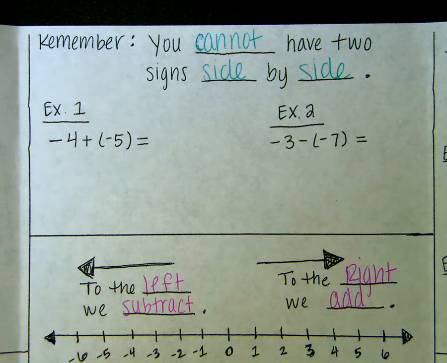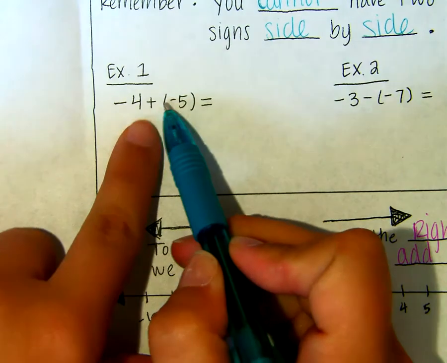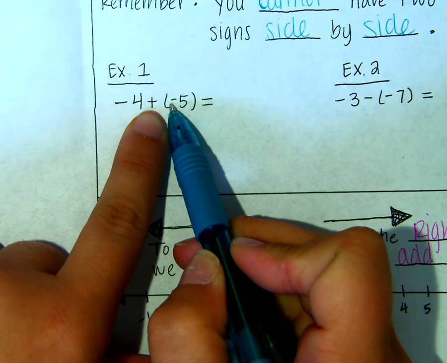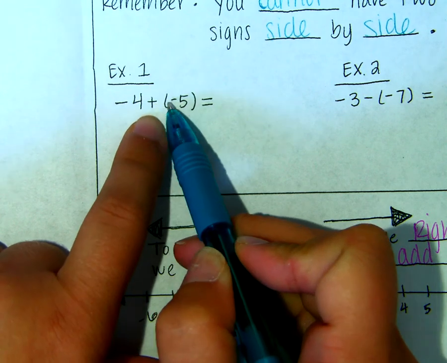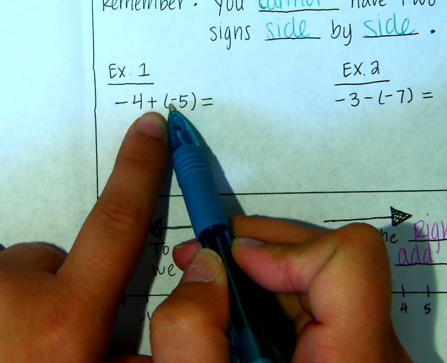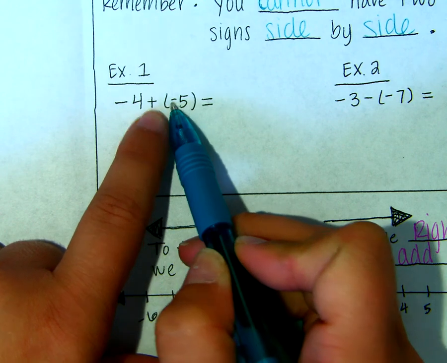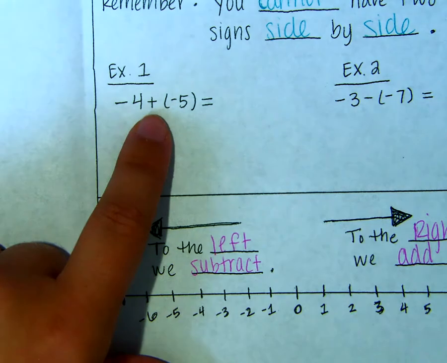When they are side by side, that is almost like multiplication. Anytime in Algebra 1, anytime two things are side by side, you can almost think of it as multiplication. So a positive times a negative is going to give you a negative. Or just, you can know if the signs are different, it turns to a big old negative sign.